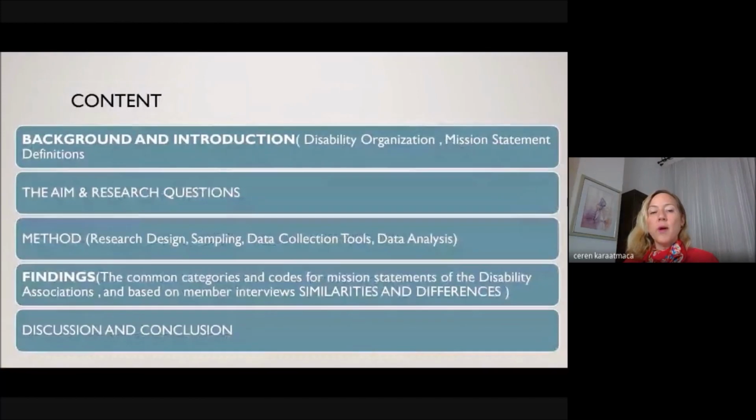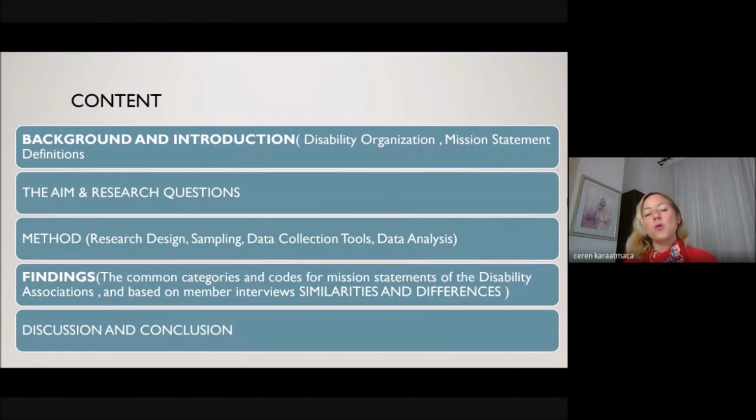What I will talk about is first the background and the introduction part about the disability organization, about disability, and the mission statement. What's the mission statement? About the aim, the research questions, about the method, which method we followed, and about the findings of the study, like the common categories and cause for mission statements of the Disability Association, and based on member interviews.